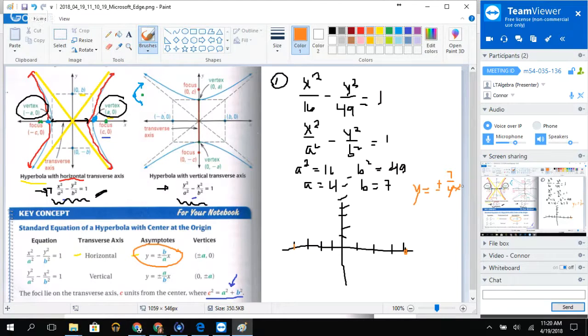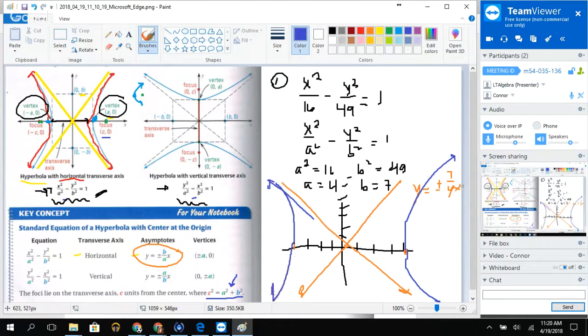If I draw my asymptotes in, it's going to look something like this. And this is, again, very rough. So then when I go to draw my hyperbola, as long as I follow along my asymptote lines, then I should be able to draw my hyperbola.